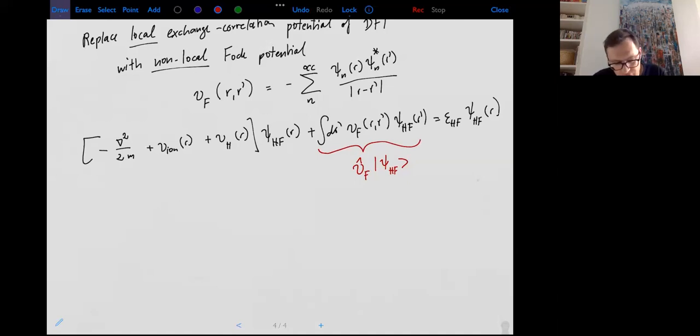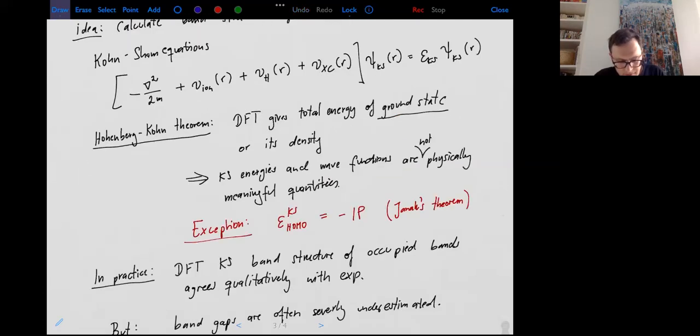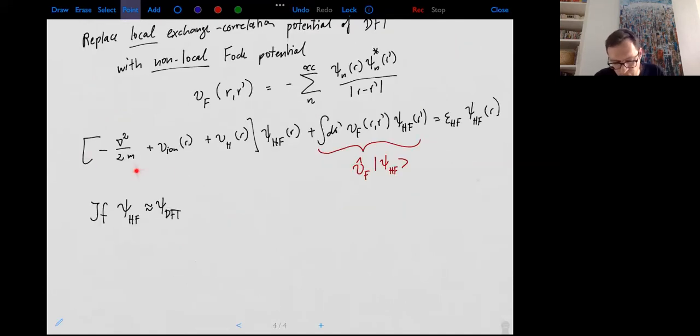And so if that is true, and it often is, so if psi Hartree-Fock is similar to psi DFT, then we can subtract the Kohn-Sham equation and the Hartree-Fock equation from one another, and of course this bit here will cancel out, and what we'll end up with is basically a relation between the Hartree-Fock energies, which give you good agreement with experiment for molecular systems, and the DFT energies.